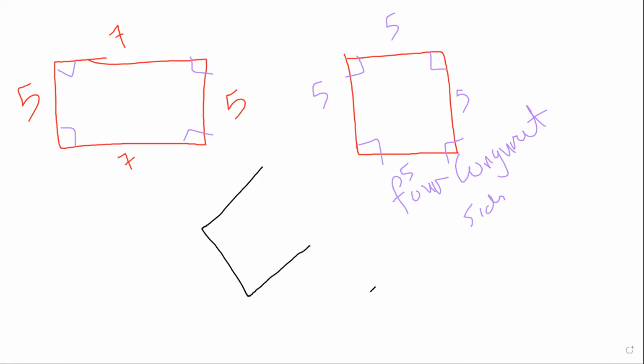For the rhombus, the square, and the rectangle, if you talk about the diagonals, they must bisect each other.